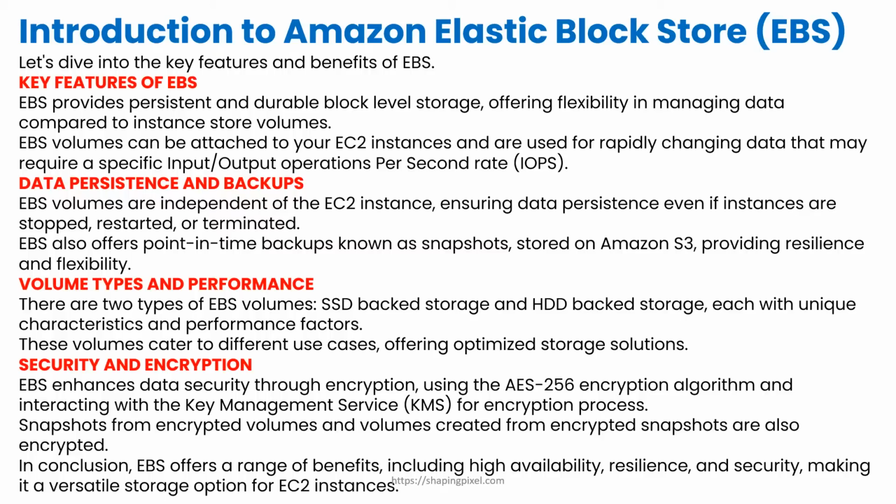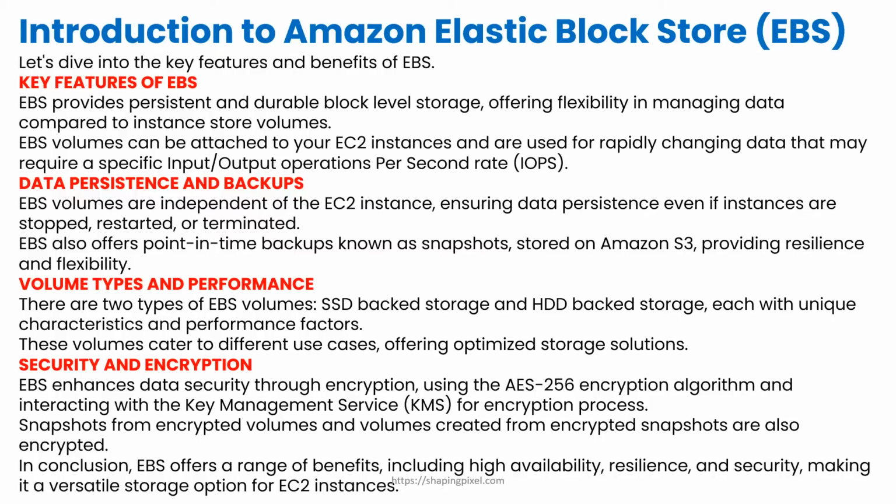There are two types of EBS volumes, SSD-backed storage and HDD-backed storage, each with unique characteristics and performance factors. These volumes cater to different use cases, offering optimized storage solutions. EBS enhances data security through encryption using the AES-256 encryption algorithm, with integration with the Key Management Service for the encryption process.